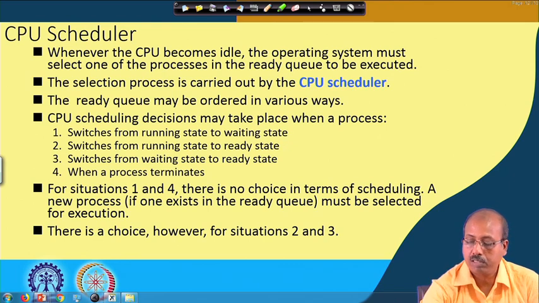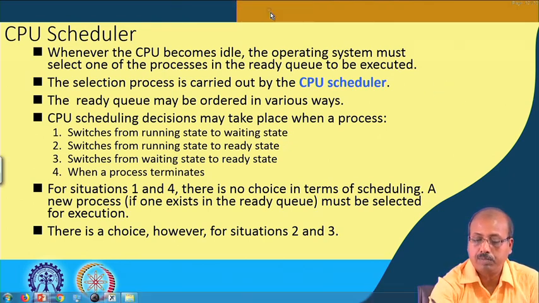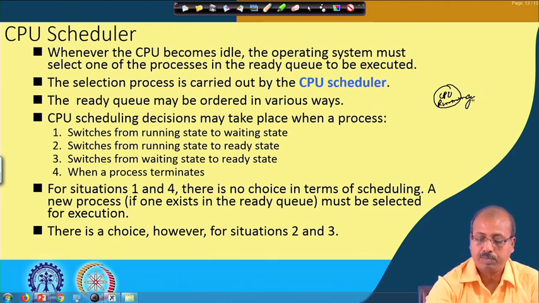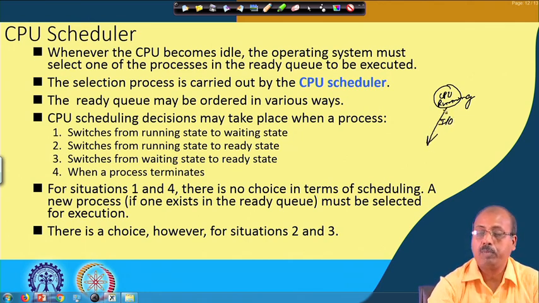Say a process was running in the CPU, so it was in a running state. Now, what happens is that this process wants to do some IO operation, so it cannot proceed further.